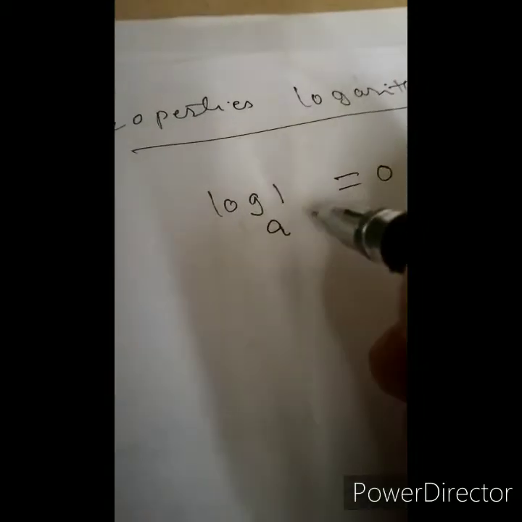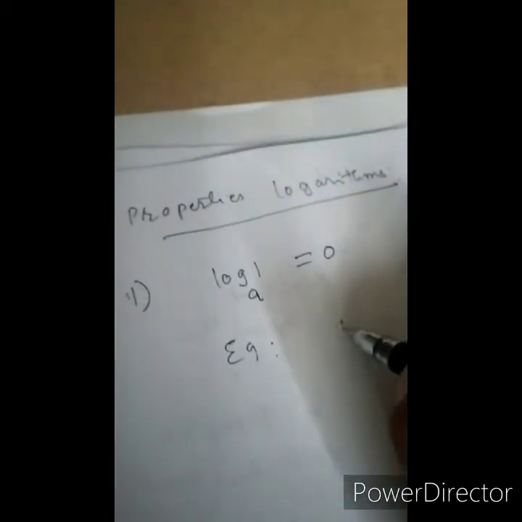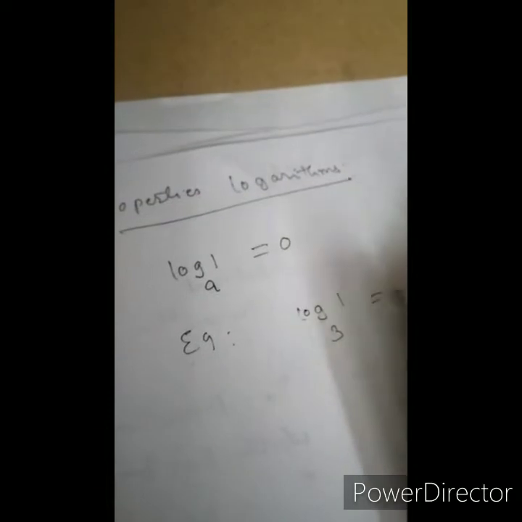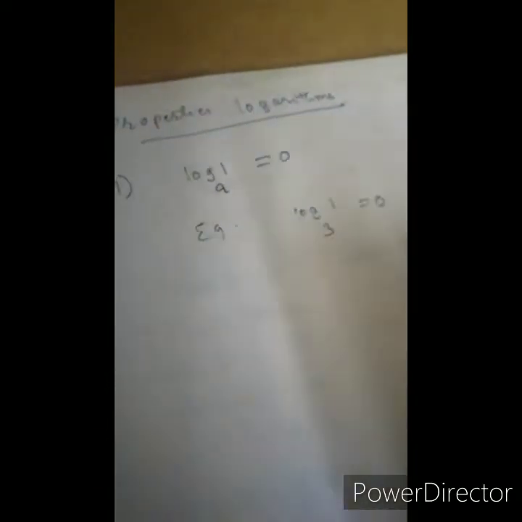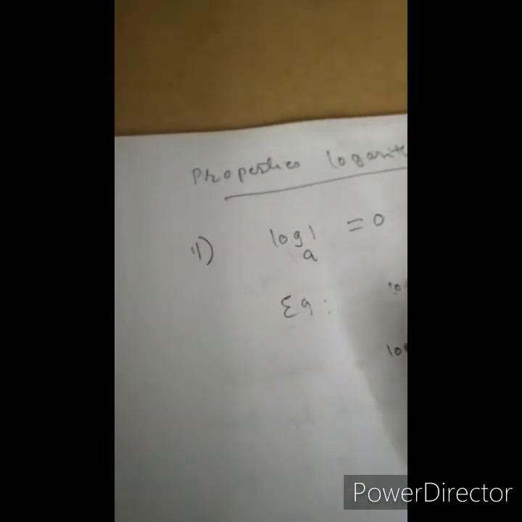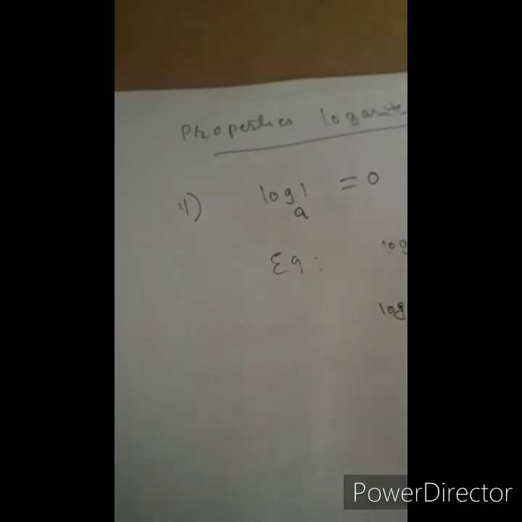That means log 1 is always 0. For example, I will take logarithm of 1 to the base 3. Its value is equal to 0. Also, you can take natural logarithm of 1, which is equal to 0.